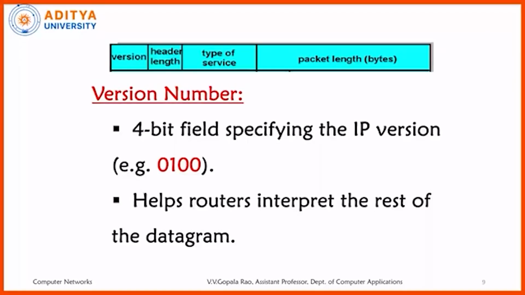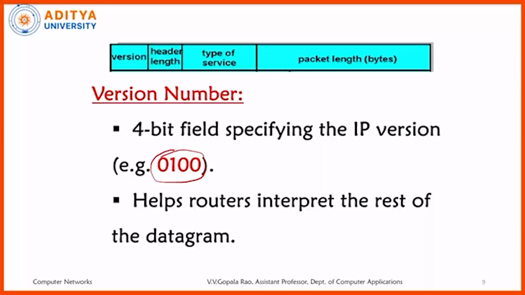Generally, if you are using IP version 4, it is strictly filled with 0100, which in decimal notation comes to 4. In binary notation it is 0100. So the version field is filled with 0100 statically, because we are going to use the version 4 frame format.